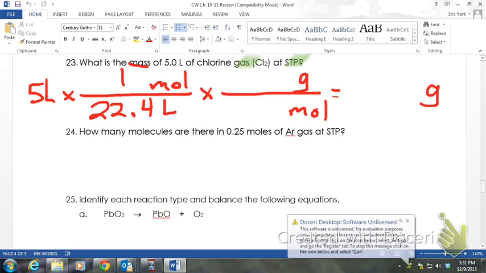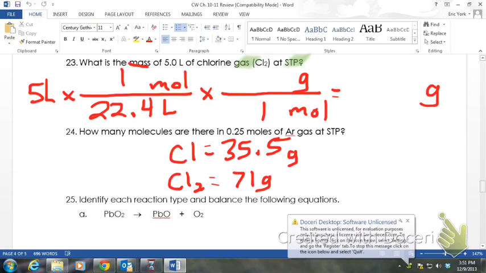Now to get your conversion factor right here, we need to use a periodic table and know that 1 mole of chlorine gas, so first of all, chlorine gas is equal to 35.5. Sorry, that's a chlorine atom. 1 chlorine atom is equal to 35.5 grams. So 1 mole of chlorine atoms is 35.5 grams. So if we're talking about chlorine gas, which is Cl2, that's going to be equal to 71 grams.